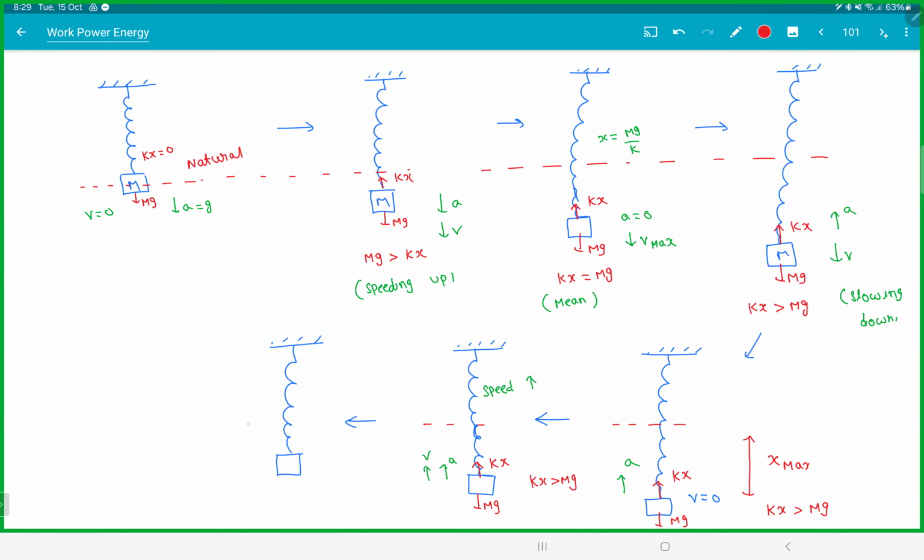And then again, you will reach a state where mg and kx both become equal again. Again, you'll come to the mean position. At this point, your acceleration is 0, but you gained again maximum speed in the reverse direction.